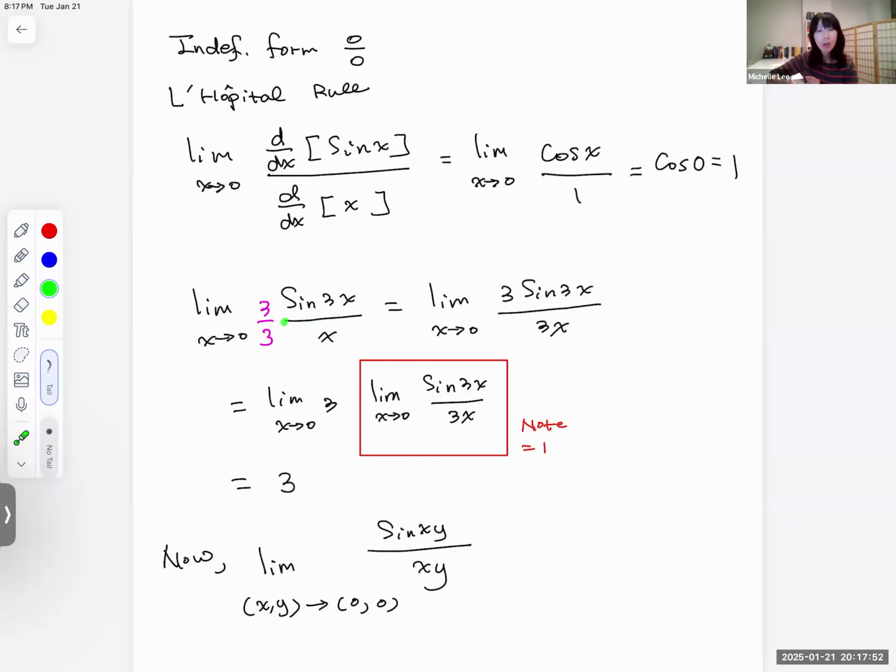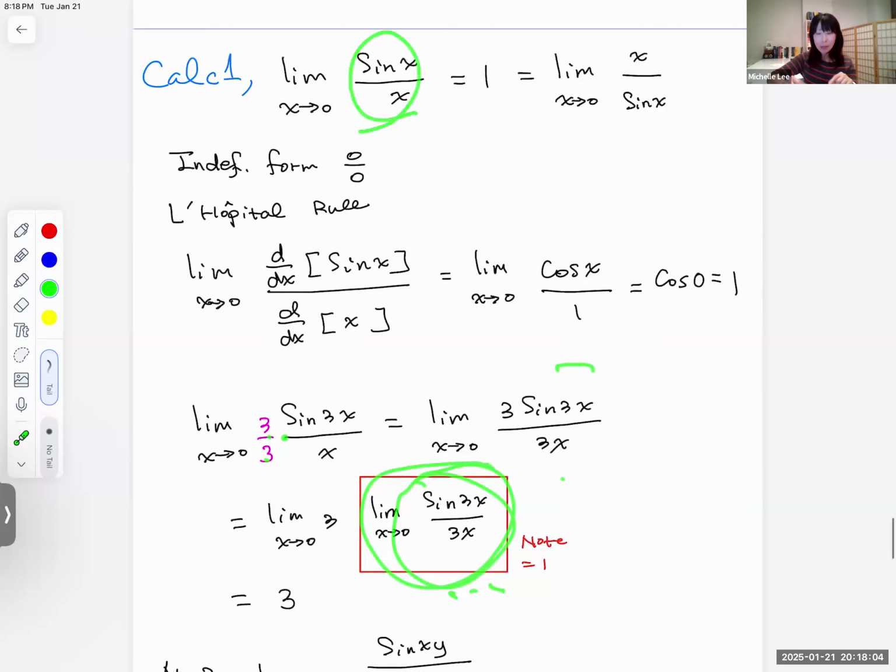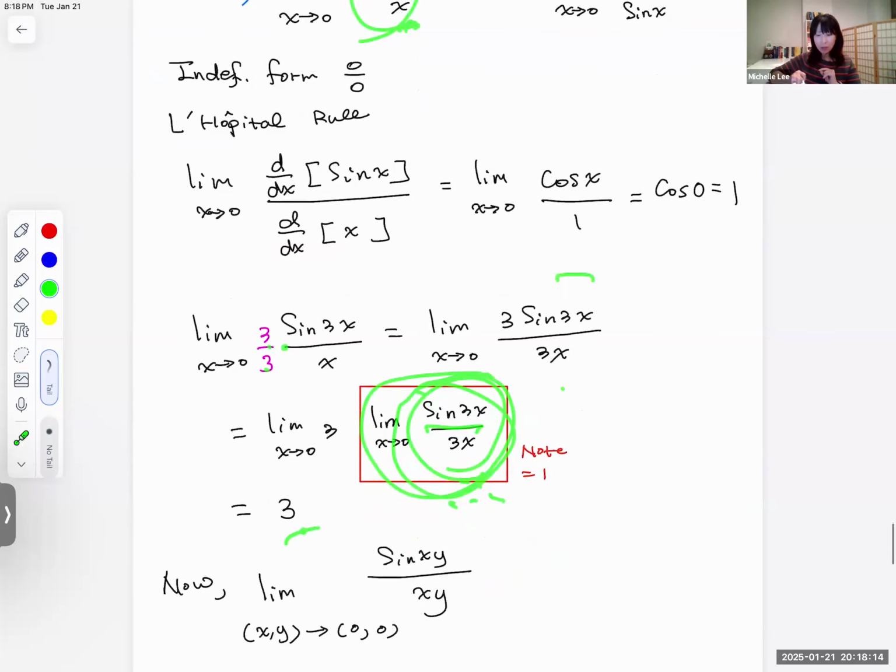We multiply by 1. What kind of 1 in this case? 3 over 3. Then this is 1 because it's the same shape: sine x over x, sine 3x over 3x. So it's 1, then we get 3.